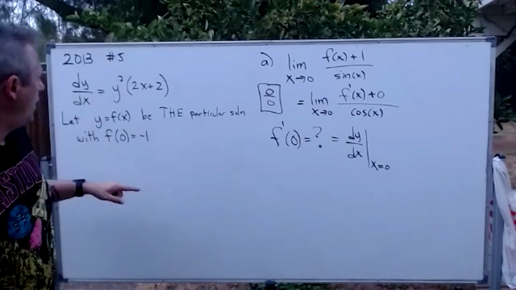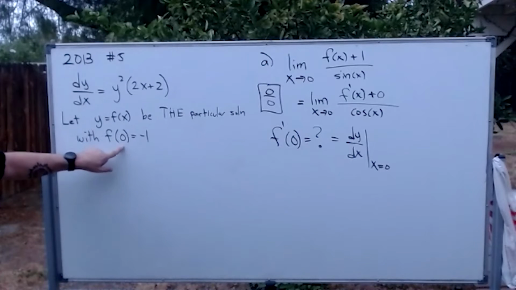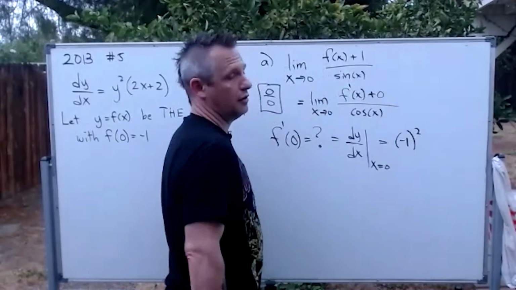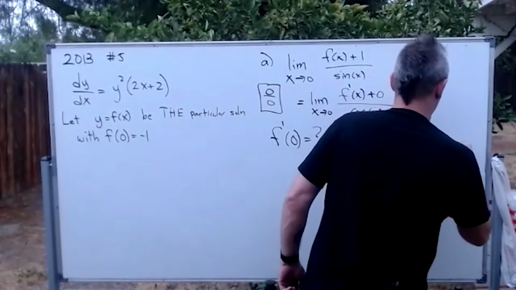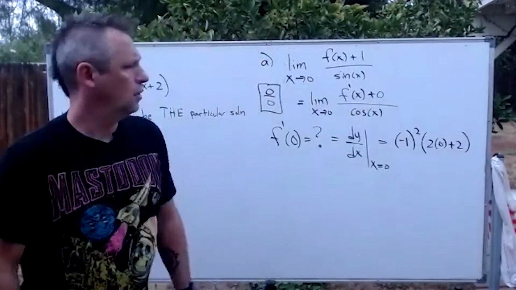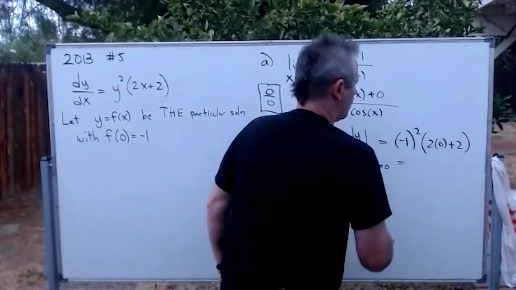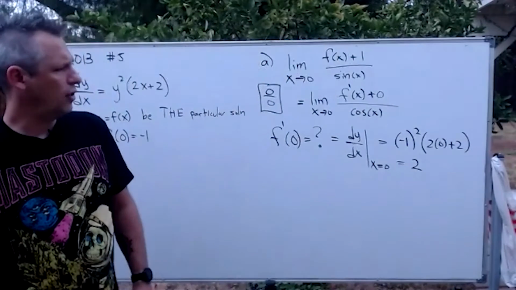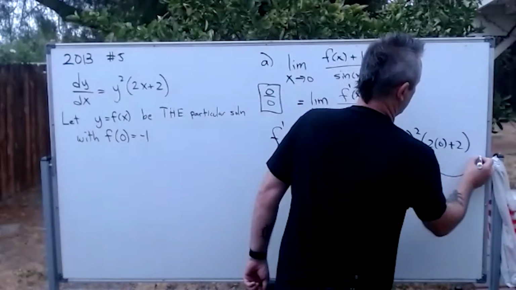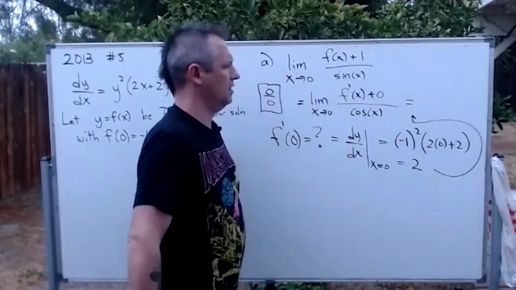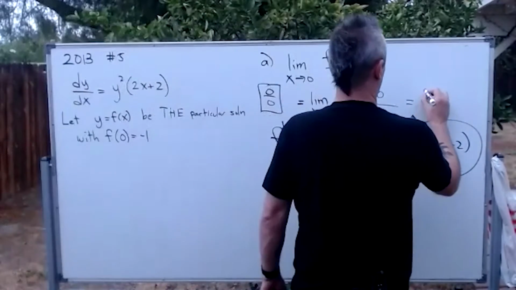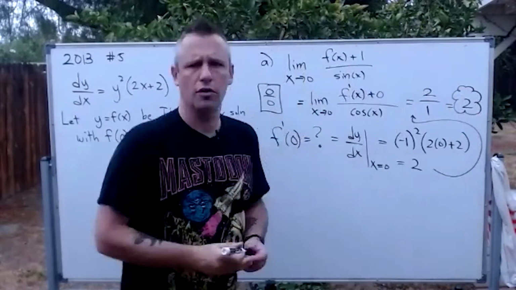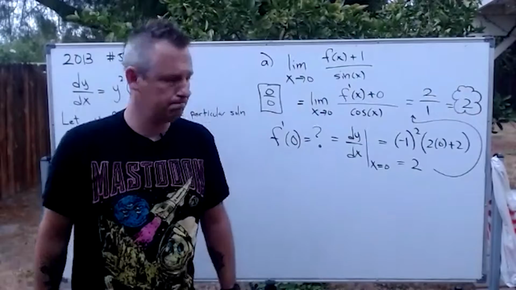So remembering that when x is 0, y ends up equaling -1, this ends up being (-1) squared times 2 times 0 plus 2, which, when all the smoke clears, is just 2. And therefore, we can plug all of this back up into here, and we find out that this equals 2 over 1, which is 2. And that's the answer to the first part of this problem.